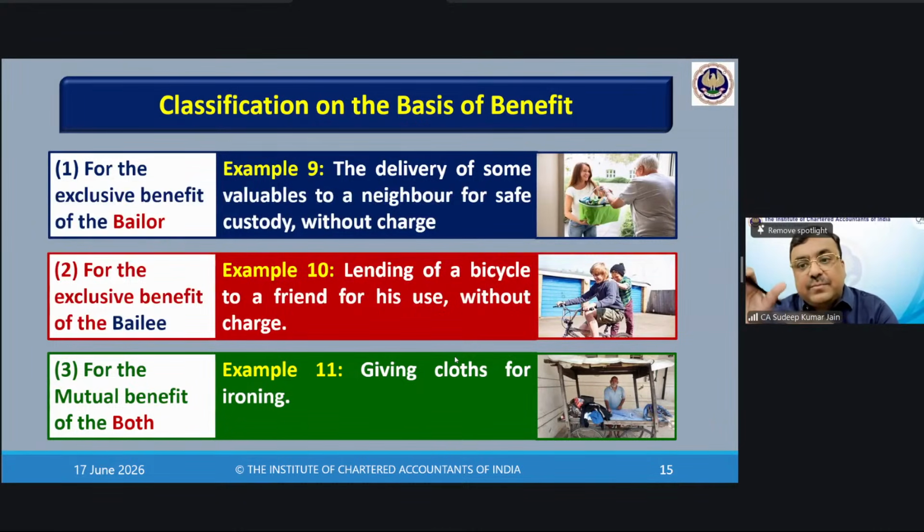But in this case, the bailee is authorized to take proper care of those goods like his own. So that is called bailment.